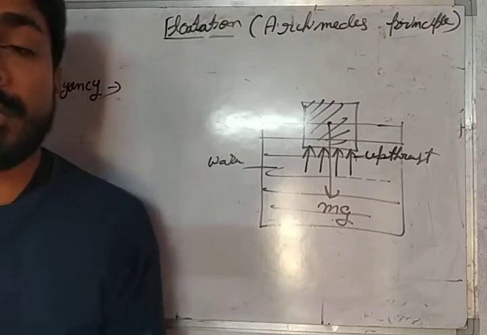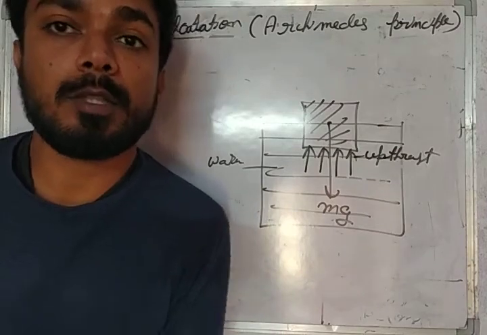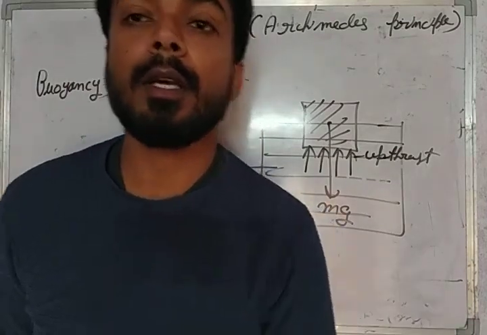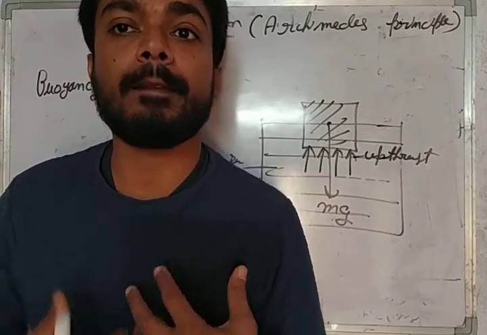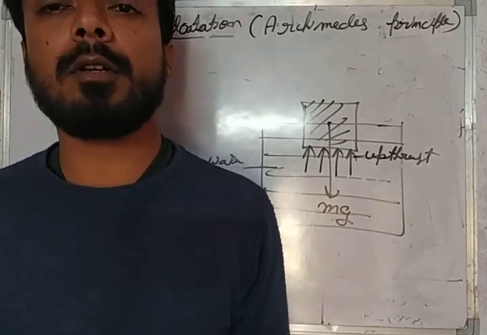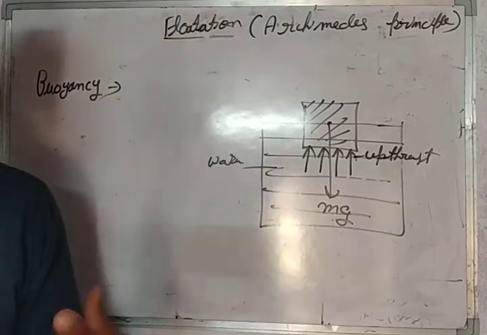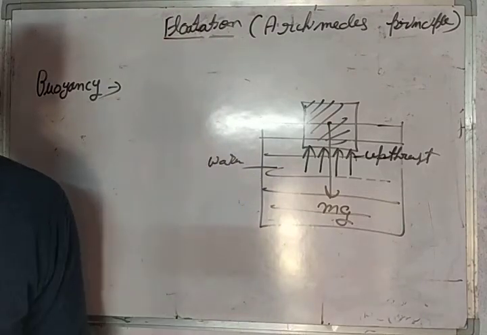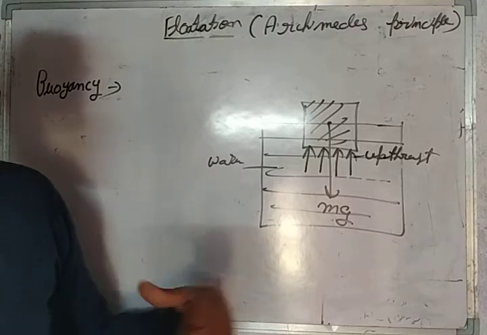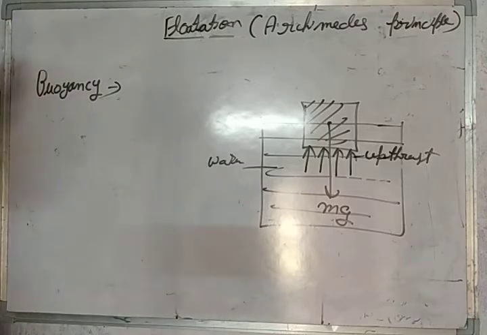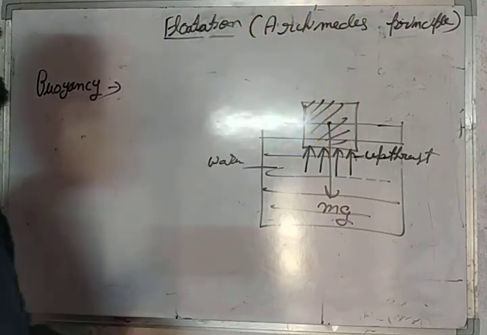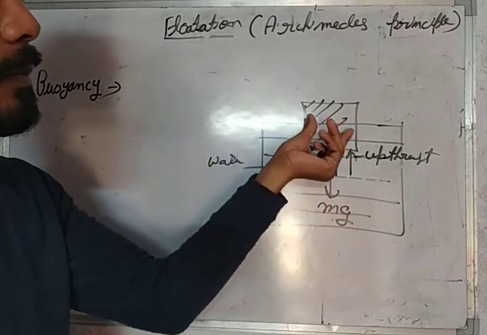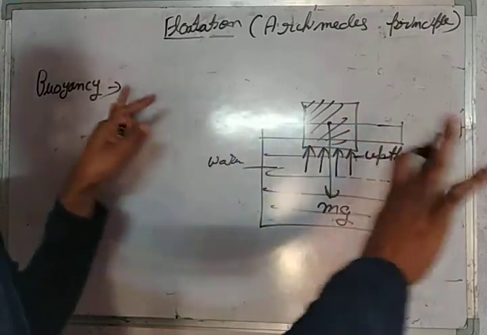And how much loss in the weight is there? Suppose you are floating on the surface of water, then definitely you are experiencing a loss in your weight. Then what is the amount of the loss in the weight? What amount of weight did you lose? Archimedes says that if you place a body on the surface of the water, then this body will replace some water.